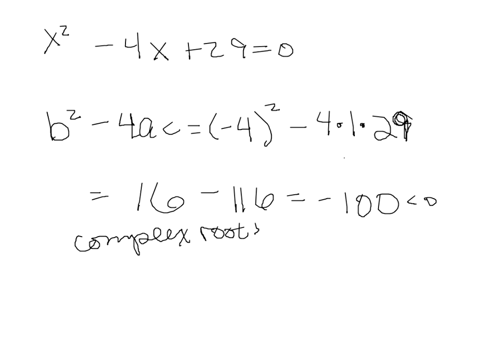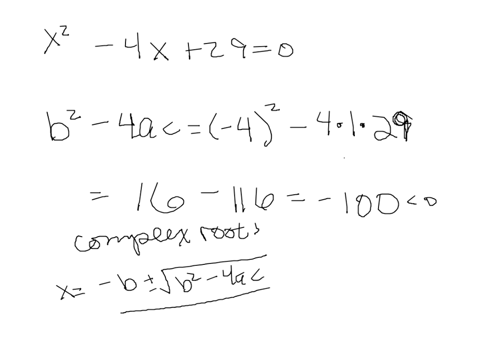So the solution comes from the quadratic formula. x equals minus b plus or minus the square root of b squared minus 4ac, all over 2a. Well, now we already know what this is. So here's b.